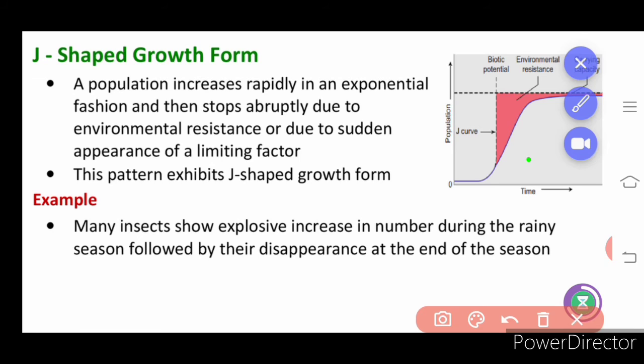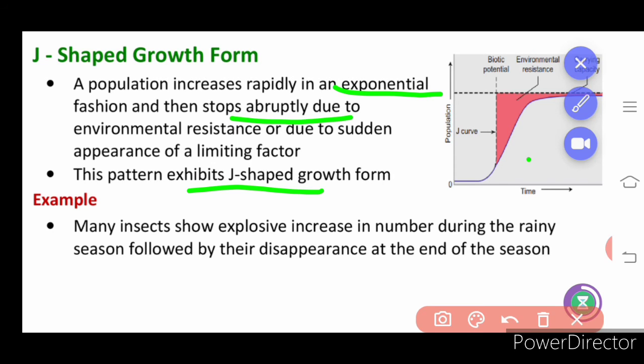Population increases rapidly in an exponential fashion, then stops abruptly, suddenly, due to various factors, as I told you earlier. This exhibits the J-shaped growth curve. For example, insects show an explosive increase in number during the rainy season.